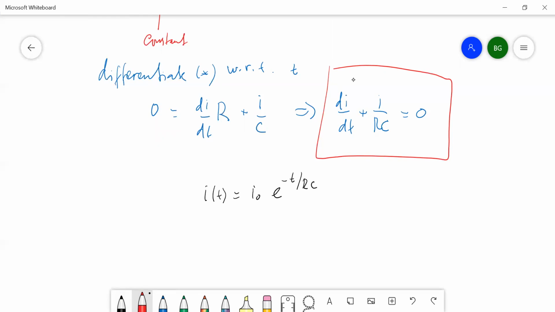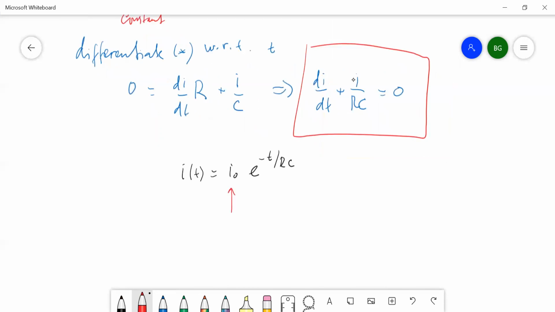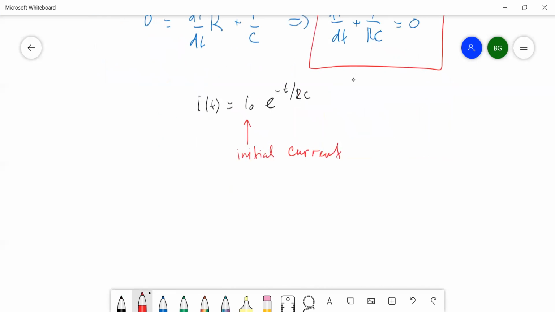This I0 here is the initial current. Usually if we take t equals 0, at 0 seconds, we have I0.